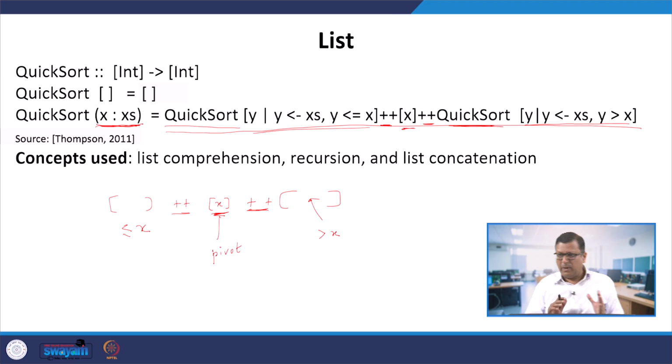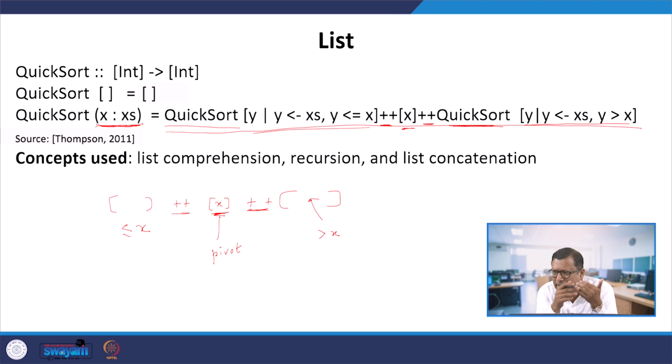The final output will be a list where x is placed somewhere. If I look at the right-hand side, all the elements will be more than x, and on the left-hand side of x they will be less than or equal to it. If they are distinct, then the left-hand side will be less than the right-hand side. This is the idea of quicksort.